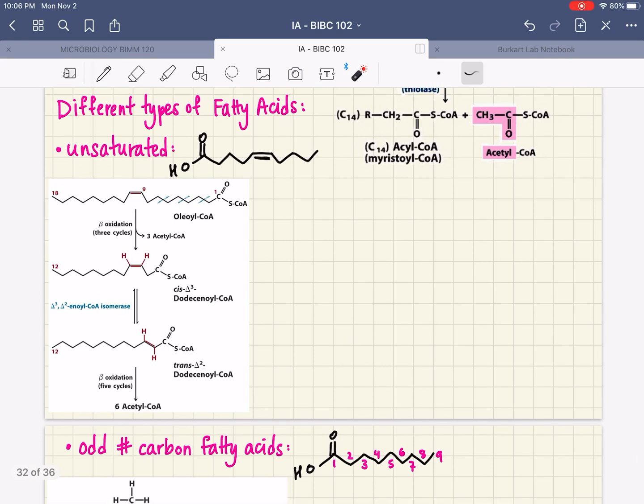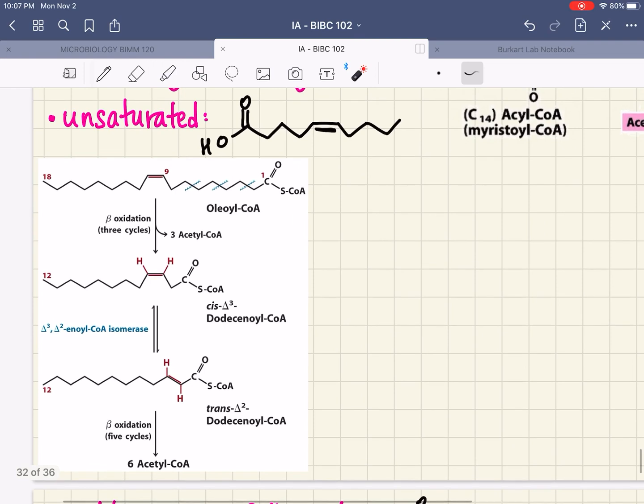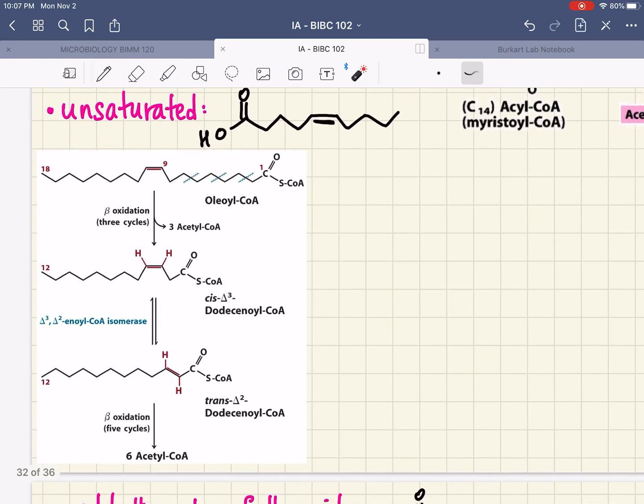So if the fatty acid or the acyl-CoA has an unsaturation and it is a cis unsaturation, then the cell will use the enzyme propionyl-CoA isomerase to turn this cis unsaturation into a trans unsaturation. And this step is absolutely needed because if you look closely, this molecule is now an intermediate in the beta oxidation.